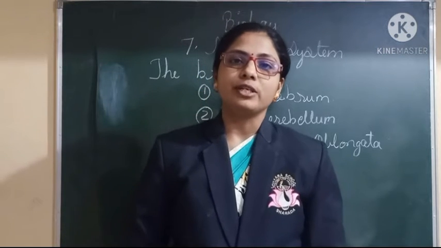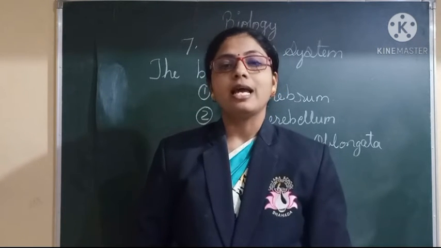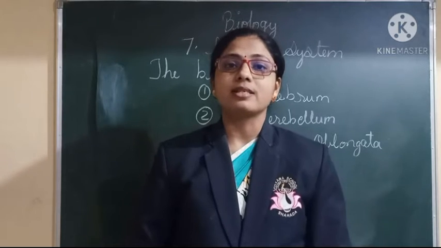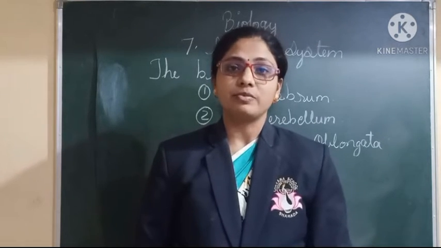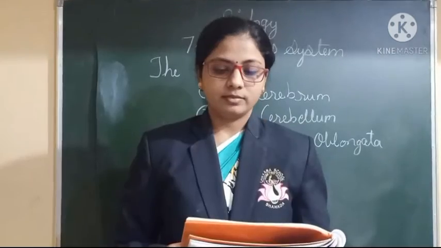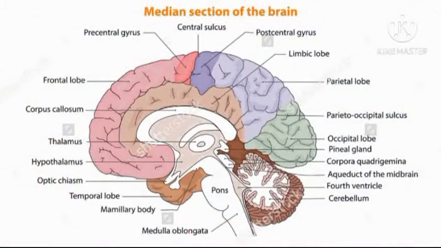Now we are going to see the detailed information about how it is constructed, mainly what it consists of. That we are going to see with the help of a diagram. Here we can see the diagram of the median section of the brain. So the outer surface is folded with ridges and grooves.